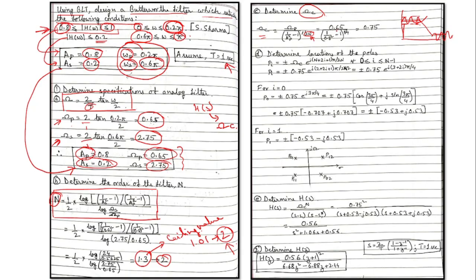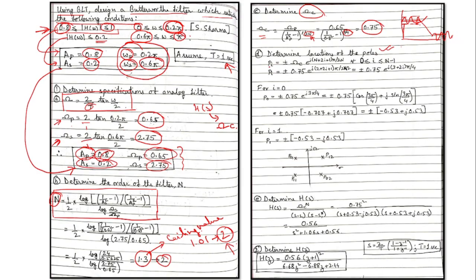So 0.65 divided by (1 by 0.8 square minus 1) to the power 1 by 4, and it comes out to be 0.75.